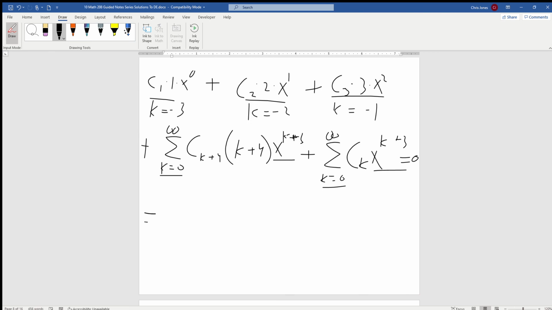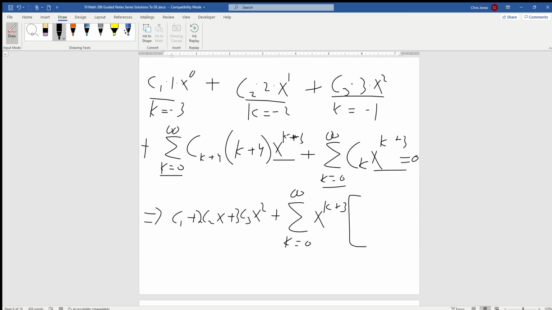So this is now going to become c1 plus 2c2 x plus 3c3 x squared. Those coefficients aren't going to matter that much. Plus, we're going to factor the series, k equals 0 to infinity, x to the k plus 3.